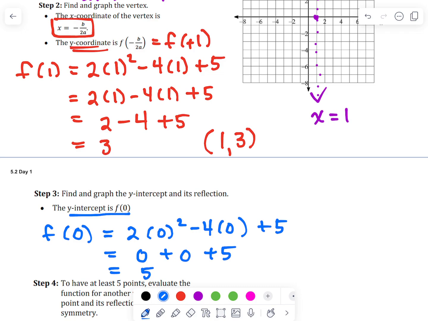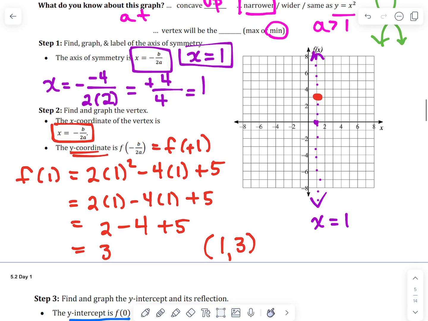So again, just like the vertex, we want to identify the ordered pair as (0, 5). Now let's go ahead and graph that. So there's our next point.